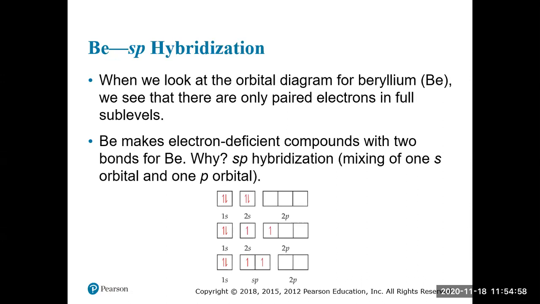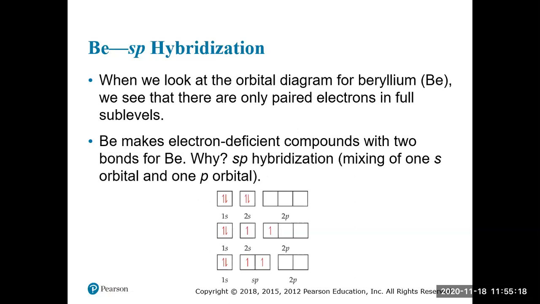If we look down at the bottom at that first electron configuration, we have two 1s electrons and two 2s electrons. Well, beryllium actually makes electron deficient compounds with two bonds. The reason for that is what we call sp hybridization.